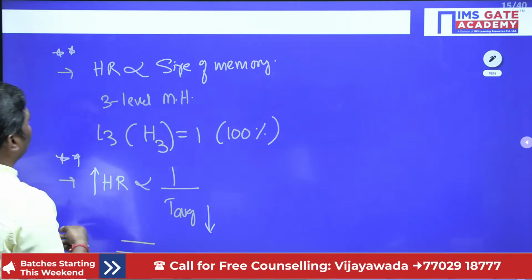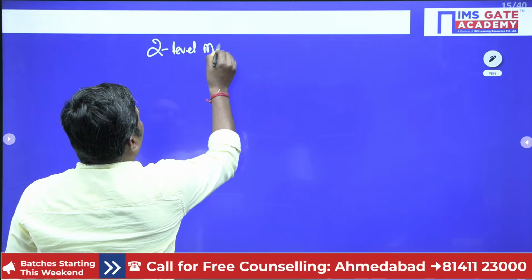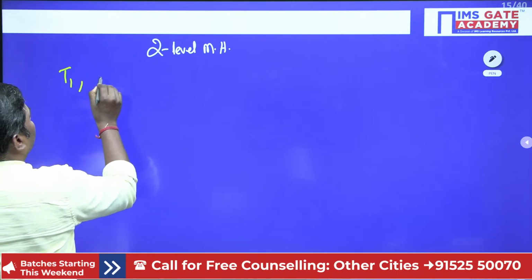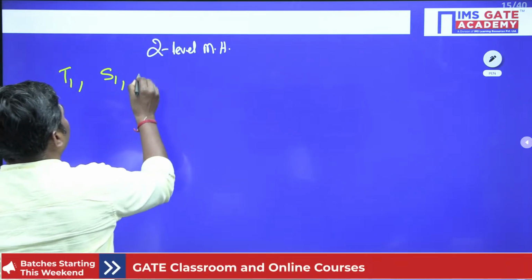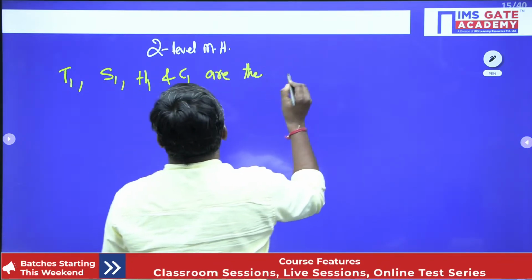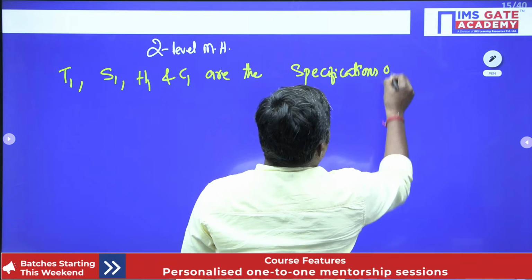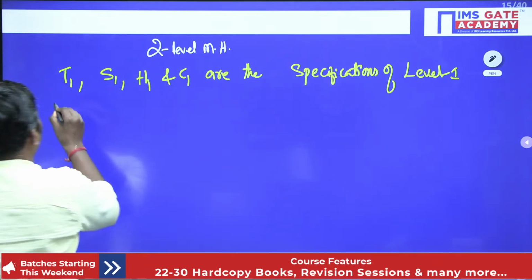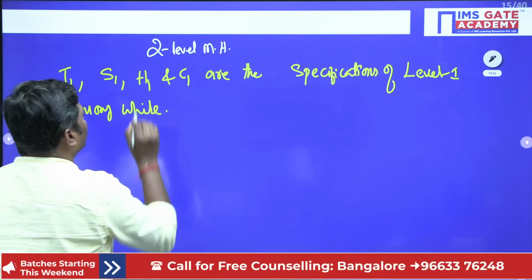Further, let's consider a 2-level memory hierarchy in which T1, S1, H1 and C1 are the specifications of level 1 memory.